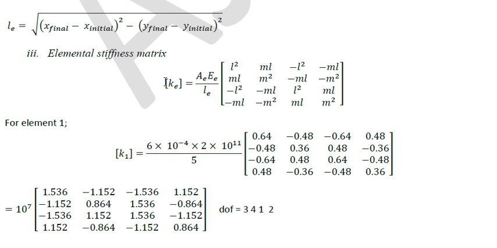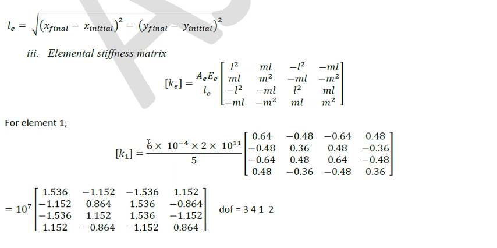Now the elemental stiffness matrix is given by K is equal to A E by L, times the matrix L square, ML, ML, M square. These four terms whatever I have shown, the same is taken negative here. These positive four terms are written here. Okay, it is easy. Now for element 1, A is given, it is same for element 1 and element 2.